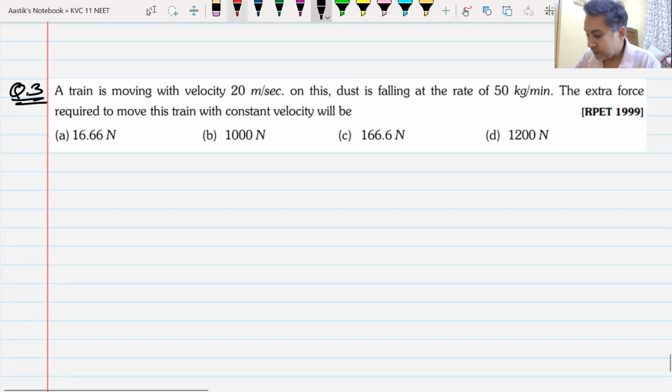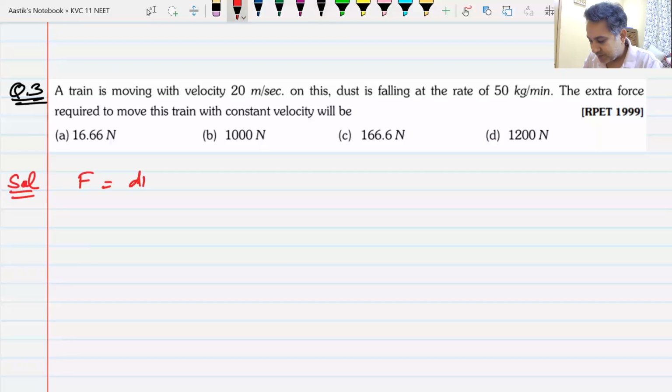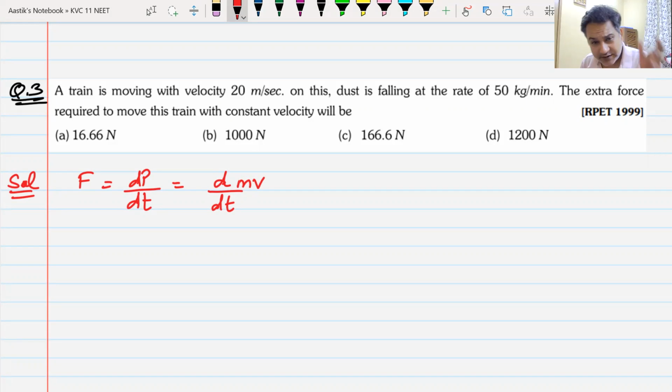Okay. Now just remember what we are writing here. When we wrote force as dp by dt, it is the rate of change of momentum. It is absolutely correct. So it is the rate of change of m into v. Now, in most of the questions that we do, mass remains constant and velocity changes.